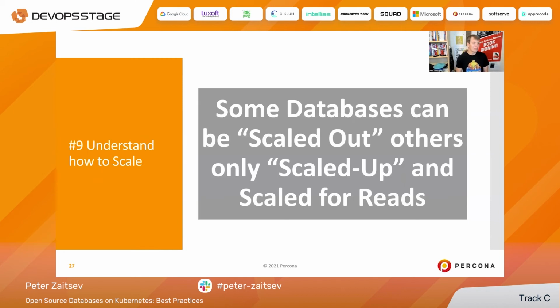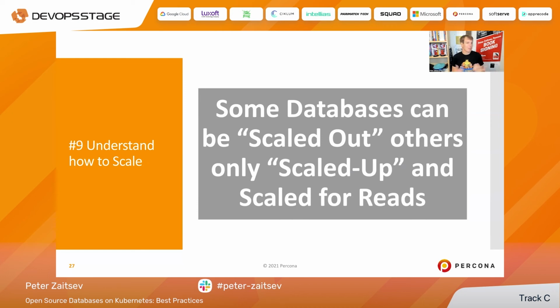Number 9, really understand how the database you're using can be scaled out. Because certain database technologies, well, from what Percona supports, that would be MongoDB, are relatively easy to scale out by deploying as many shards, right, as you need.